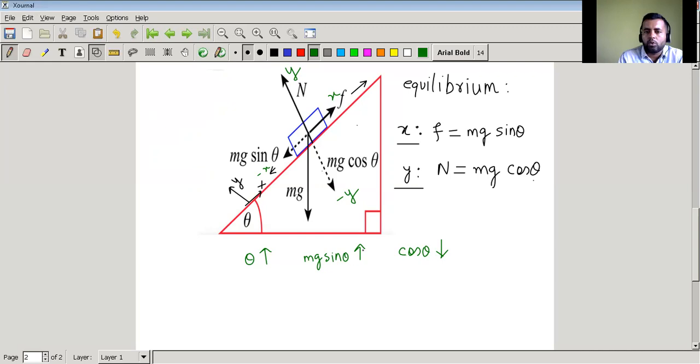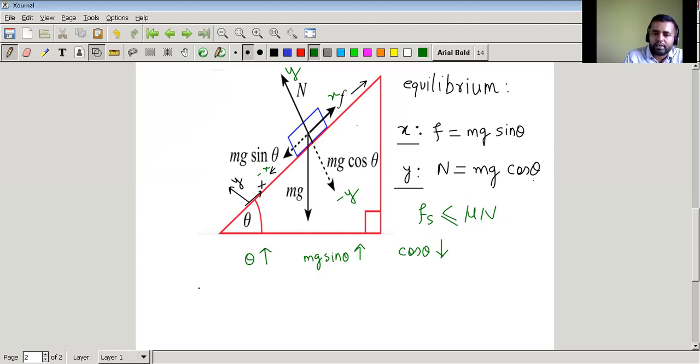Now, what happens? We know that if it is in equilibrium, then this is static friction, right? So this static friction, as we talked about, its maximum value is mu times N. So as you increase theta, static friction can have maximum value equal to mu N. After that, it can't increase. So what happens? Due to mg sine theta increment, this might go down. Fine.